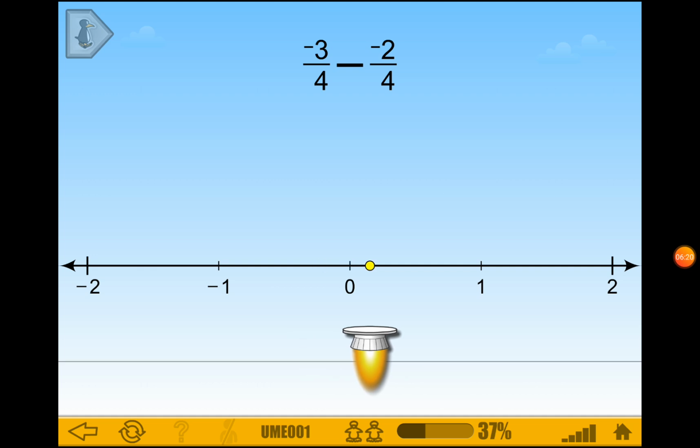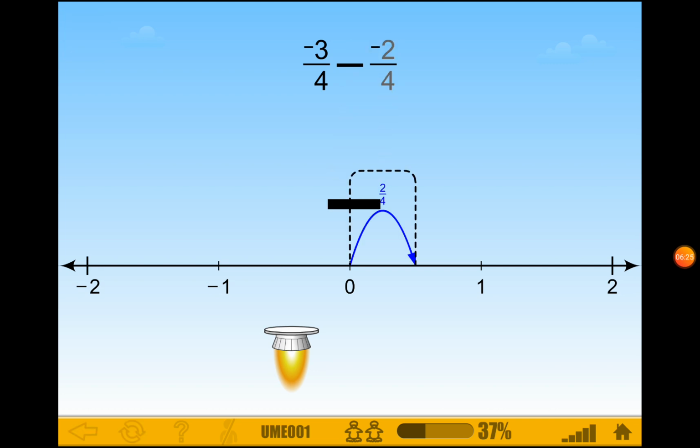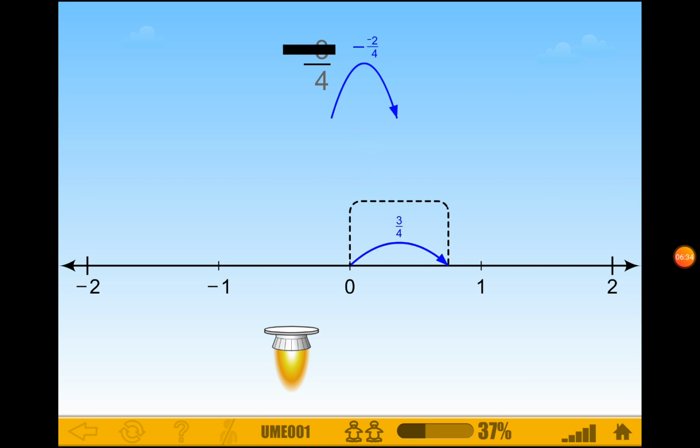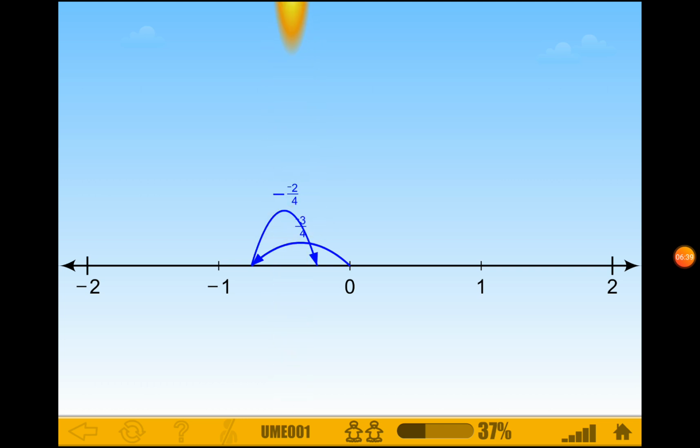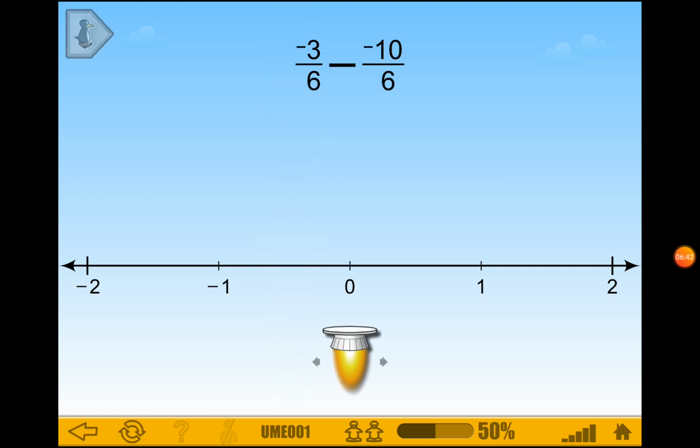So -2/4 is -half, which is right there, approximately. Ooh, on the edge.